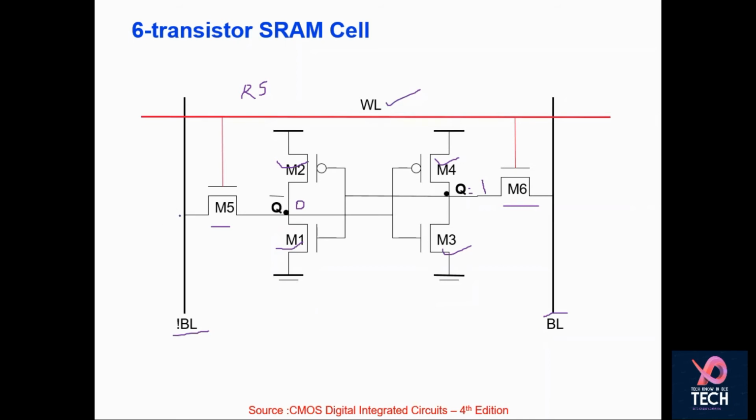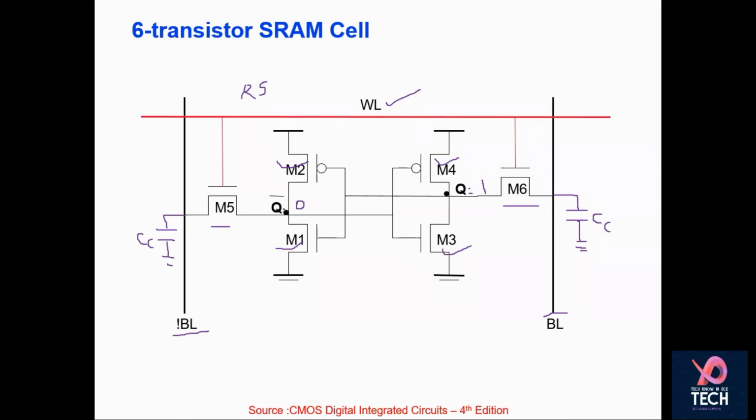So when this is on, here you have a column capacitance CC, this is the bit signal. If 0 is stored here, this is on, this is on, this is 1. And here we also have a capacitance. We already discussed in previous classes that the magnitude of this capacitance is almost 10 times the node capacitance.